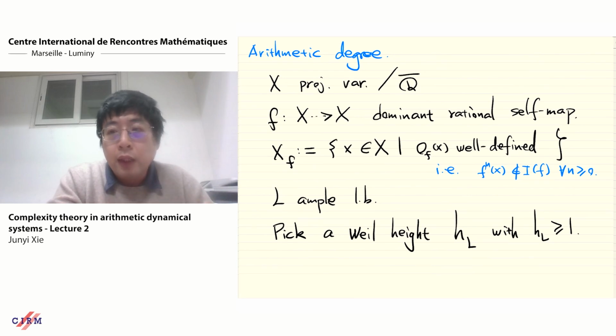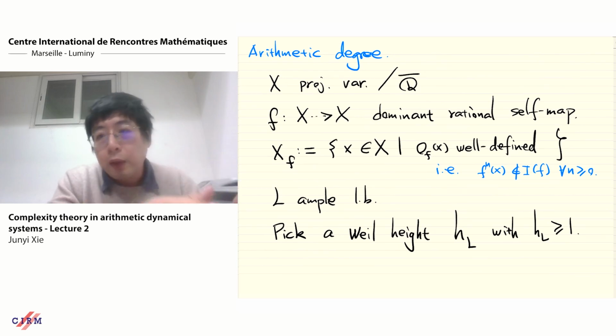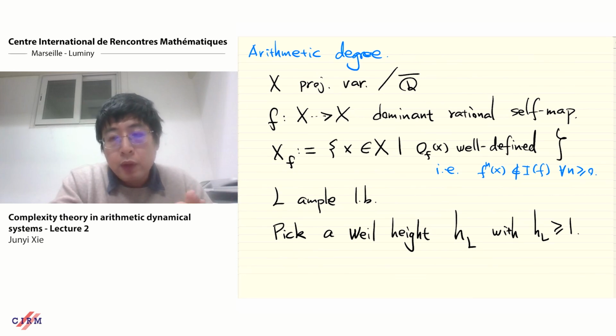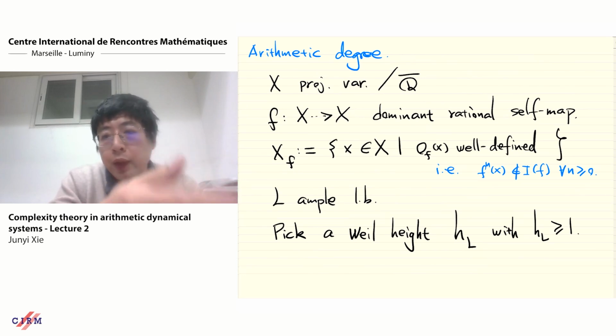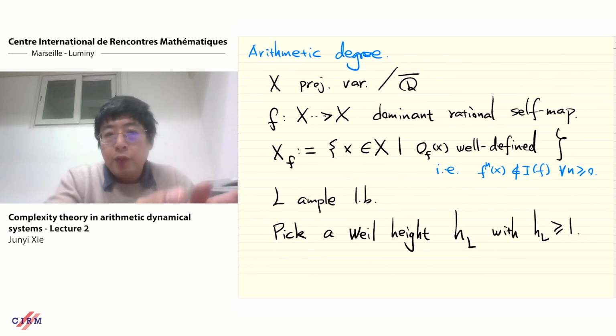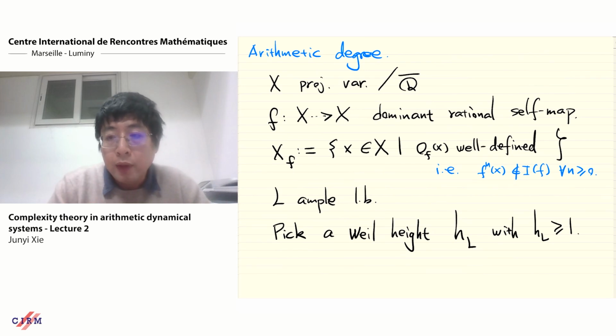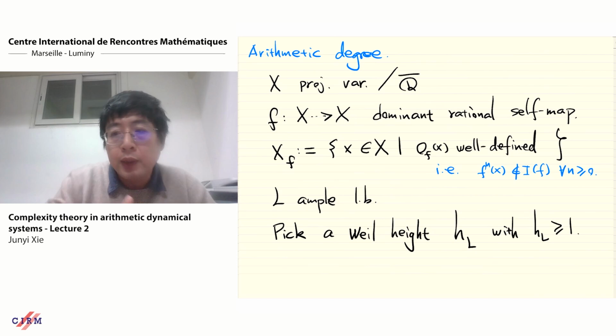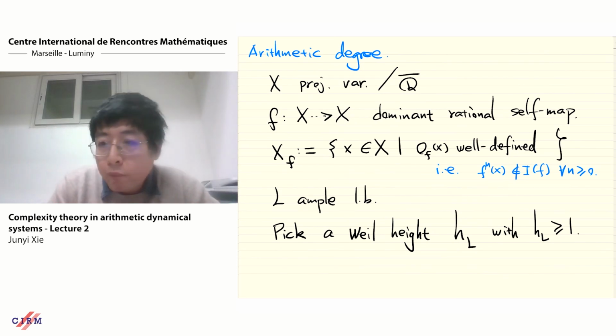So it's the arithmetic degree. So if you want to study some arithmetic property, usually you want everything defined over some number field or at least some finitely generated field. But here, for simplicity, we just consider the number field case.